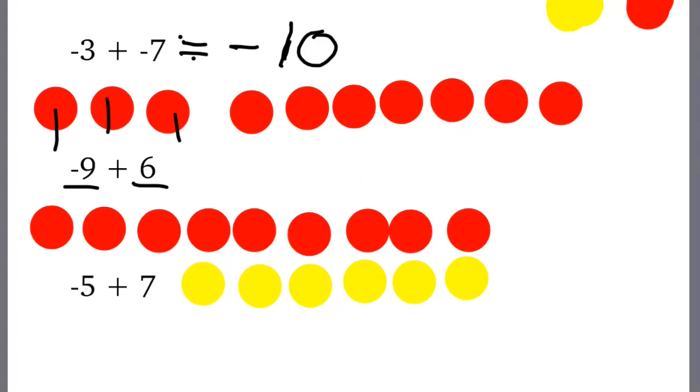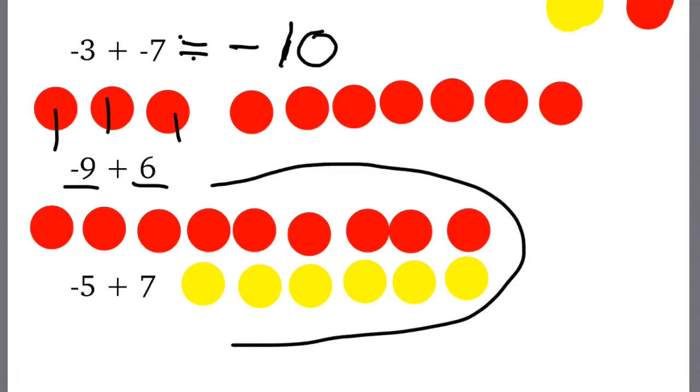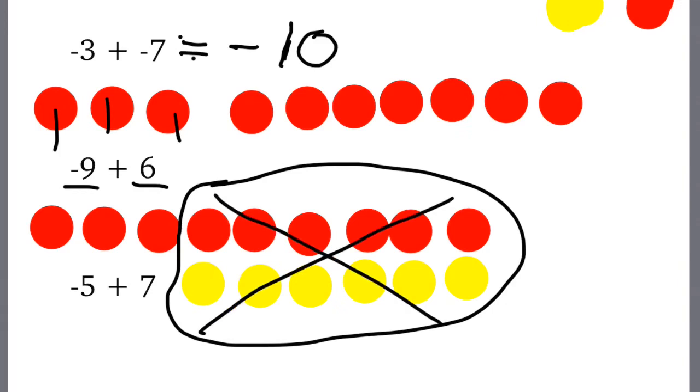The way I put those out, I lined them up with a negative so that you can see without having to move them that these all create 0 pairs. So I will eliminate all of my positive numbers and I will be left with 3 negatives that are not paired with a positive. So my answer is -3. So -9 plus 6 equals -3.